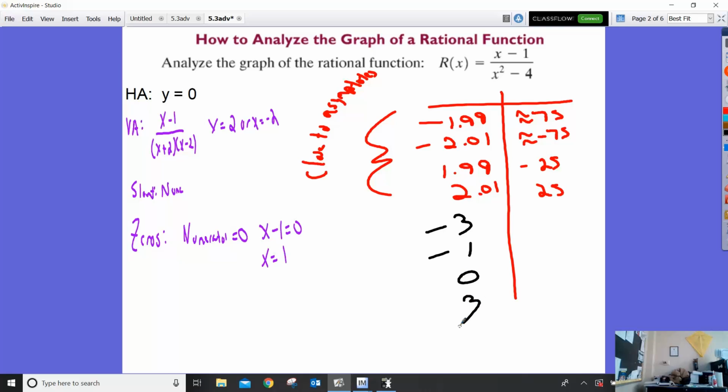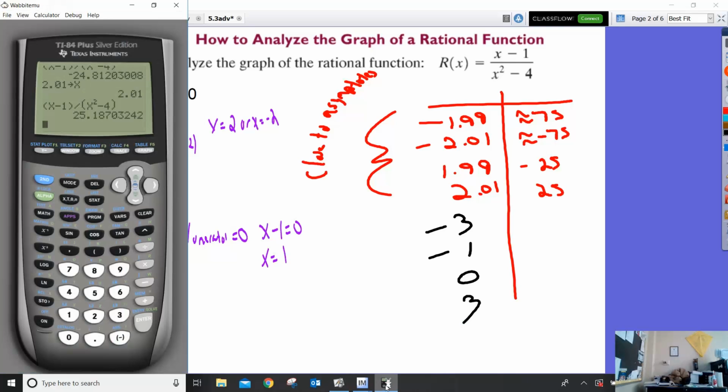Now, the rest of the drawing is going to come from what you think is going to happen. Hopefully, it's going to drop in. At -3, I don't know how close to 0 it's going to be, but it should be getting somewhere closer to 0. It may not be all the way to the x-axis yet. -0.8.